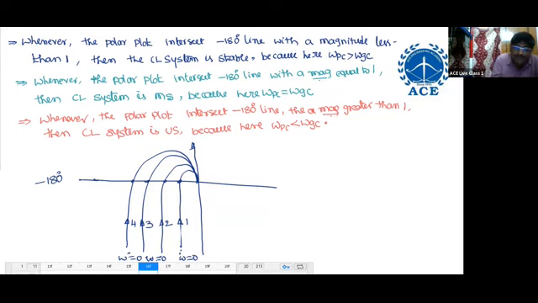As the intersection point moves towards minus infinity, the system is less relatively stable and more oscillatory. 1 is more relatively stable. Okay?